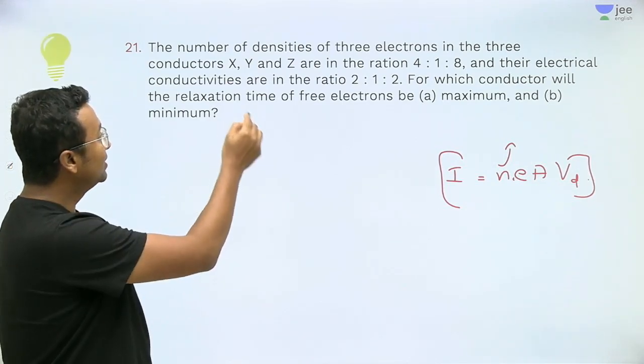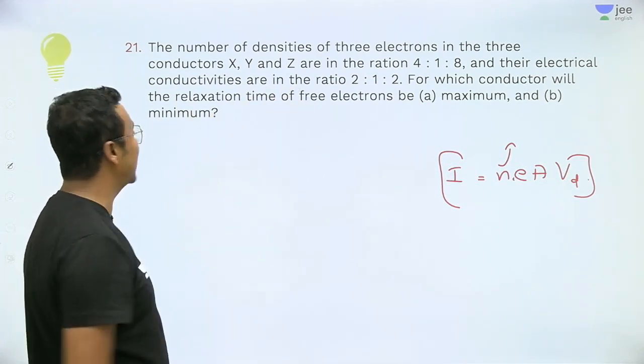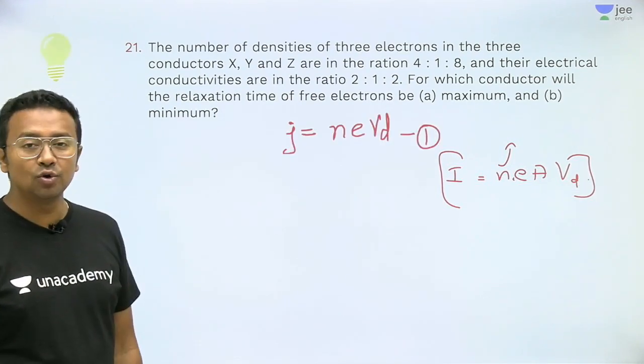For which conductor will the relaxation time of free electrons be maximum and which will be minimum? Now, what is the number density that we are talking about? Remember, in the formula I equals NeAVd, we have this N. This is the number density we are talking about here. Okay. Now, how do you go about this question?